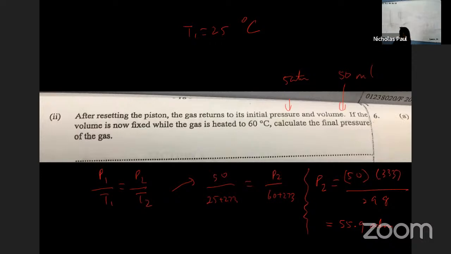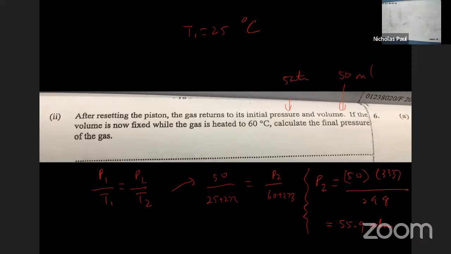Now on to the next one here. Right, next one.